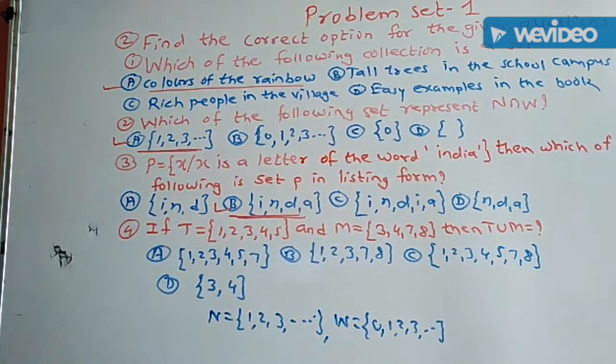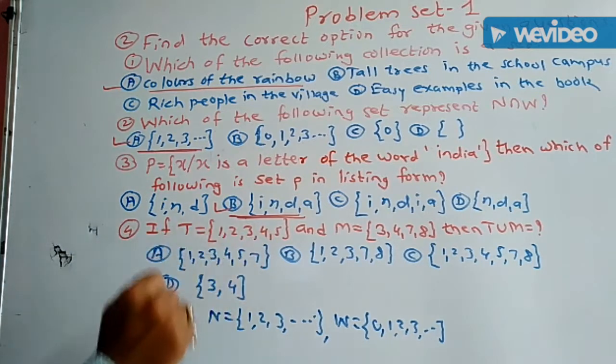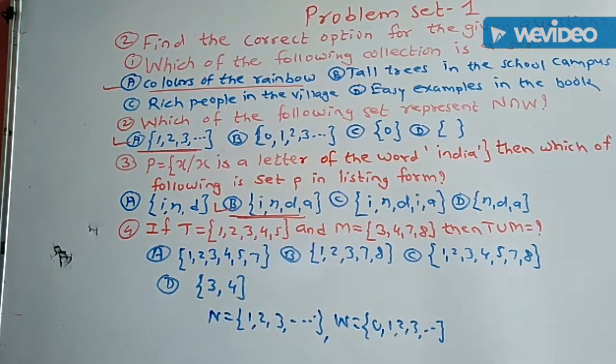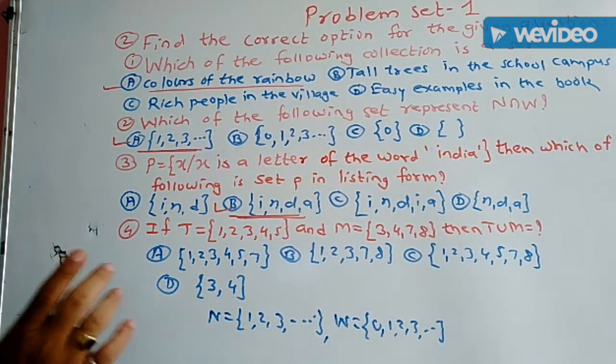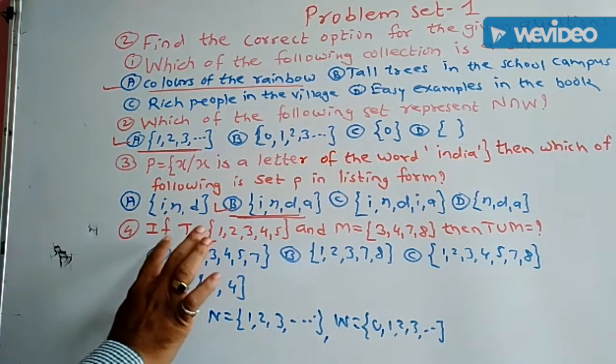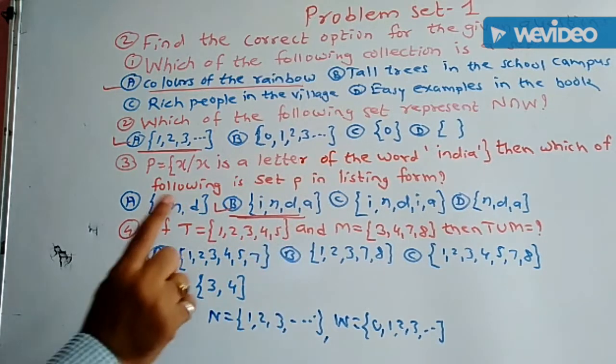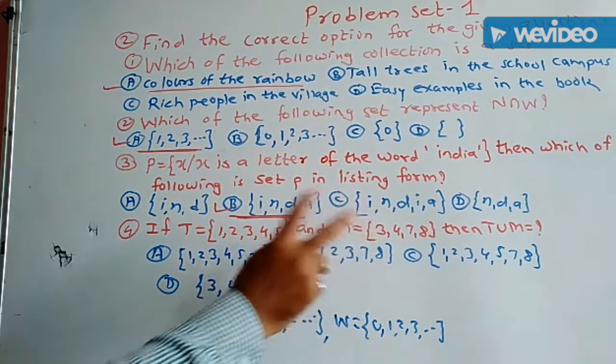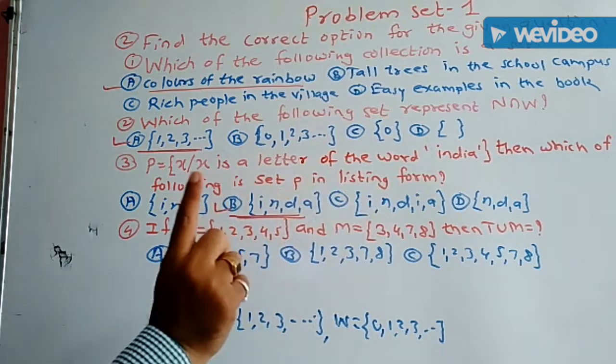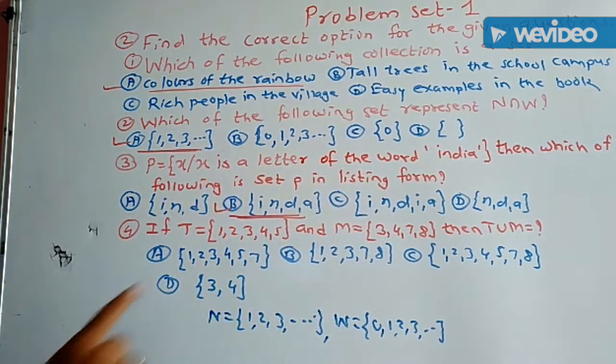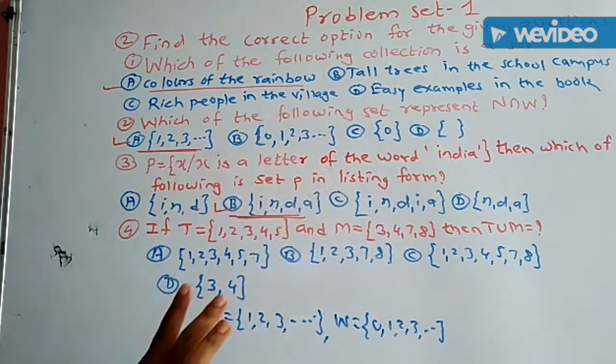Then fourth is, if T is 1, 2, 3, 4, 5 and M is 3, 4, 7, 8, then you have to write T union M. That is, you have to write all the elements in set T and set M, and repeated elements are written only once, and 3 is repeated, 4 is repeated.